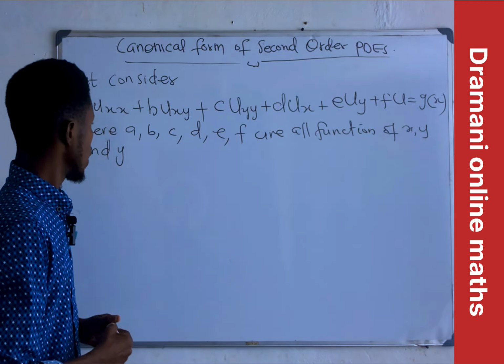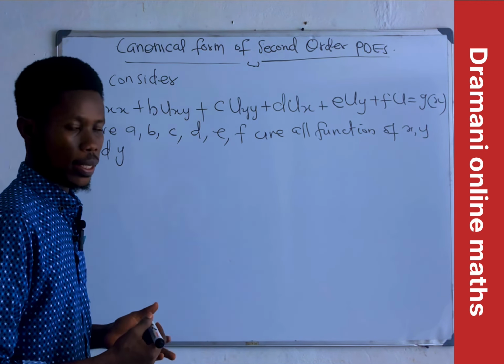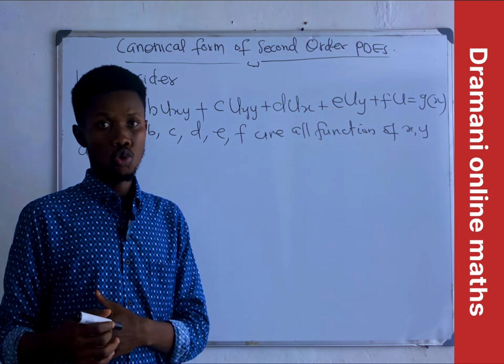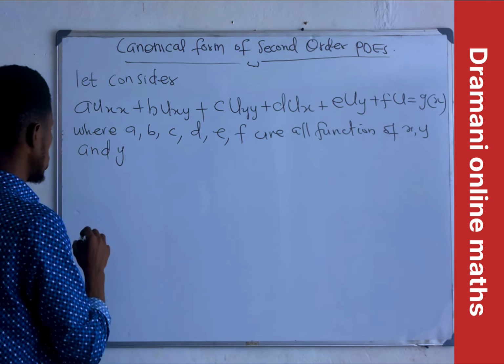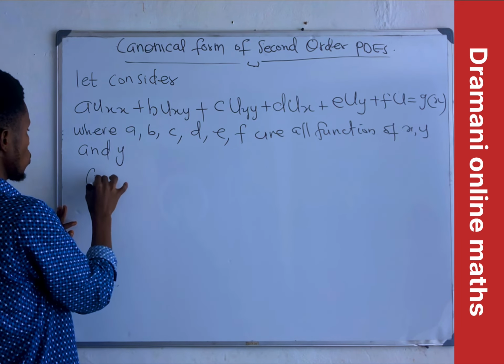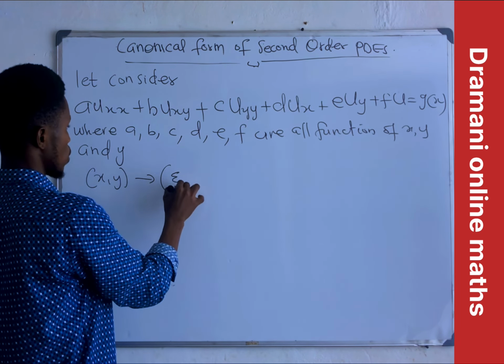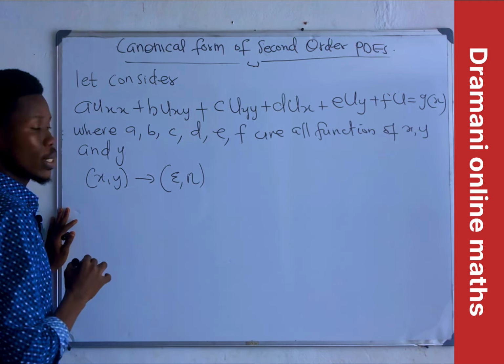Okay. Now, the idea is that we are going to convert everything from x and y to xi eta. So you are going to convert x, y to what? Xi, eta. Is that okay?